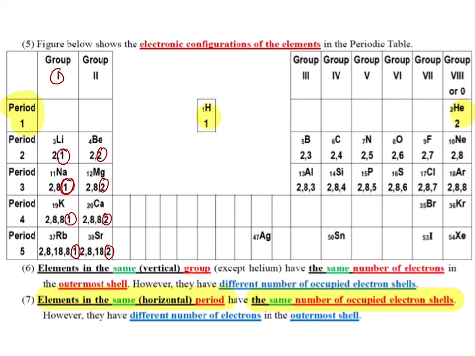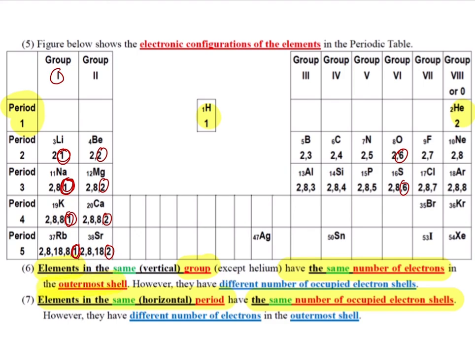But you need to know that for group 1, they all have one outermost shell electron. And for group 6, for example, they all have 6 outermost shell electrons. Their group number corresponds to the number of outermost shell electrons they have. So, elements in the same group have the same number of electrons in their outermost shell.